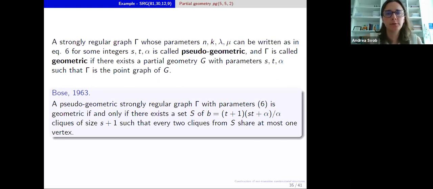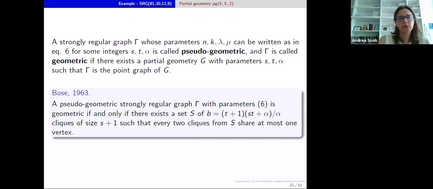What is very important to understand? When you have a strongly regular graph whose parameters (n, k, lambda, mu), or (v, k, lambda, mu), whatever you wish, can be written in the form of equation 6 for some integers S, T, alpha, then this strongly regular graph will be a pseudo-geometric graph.